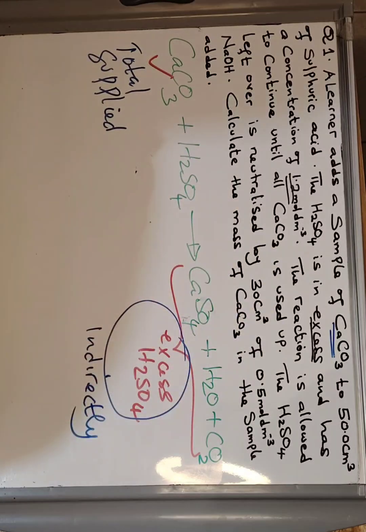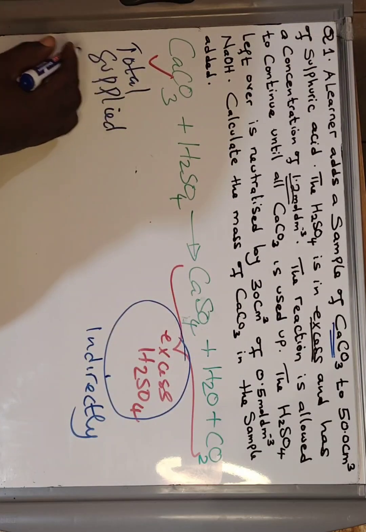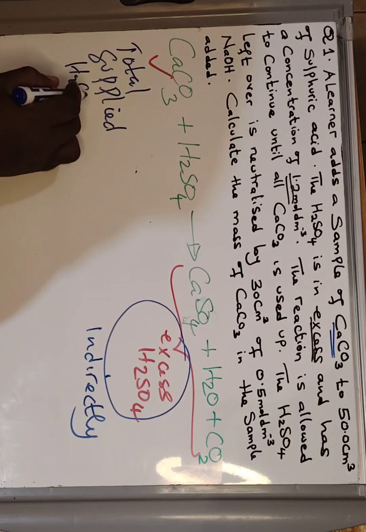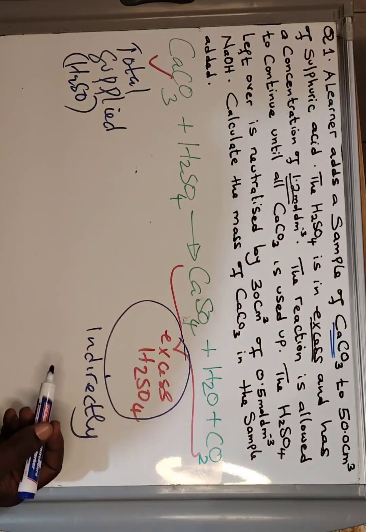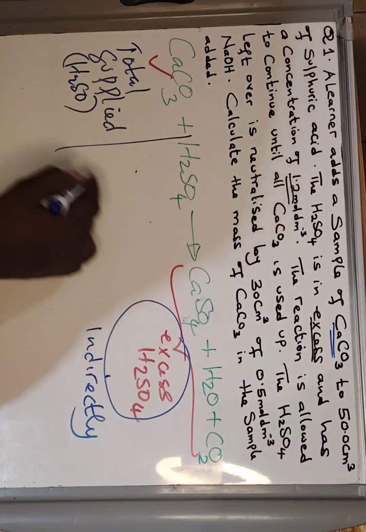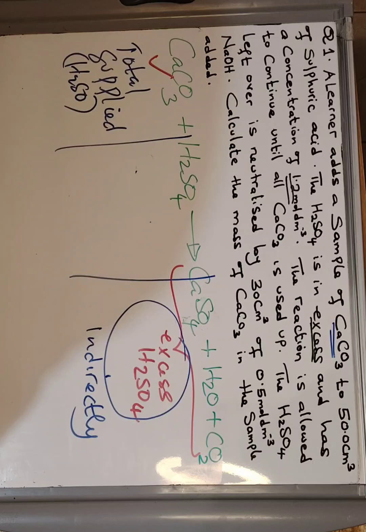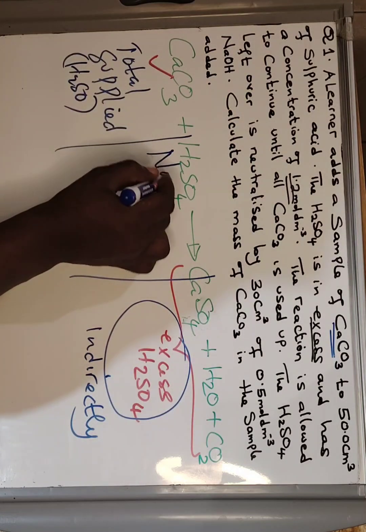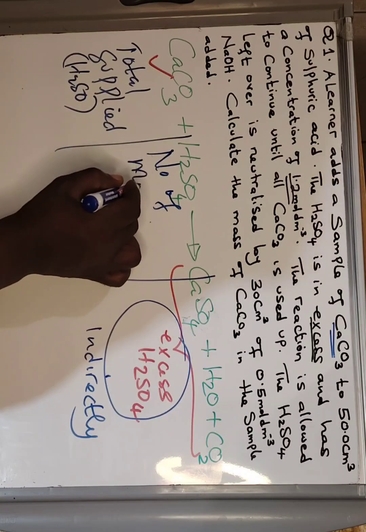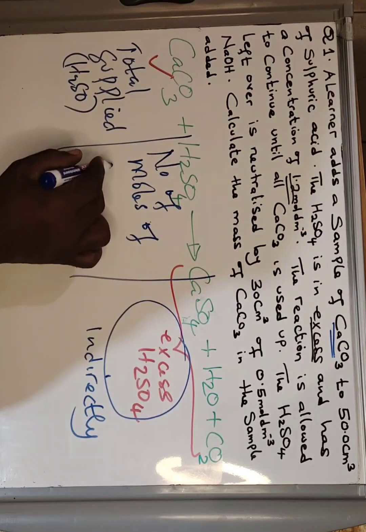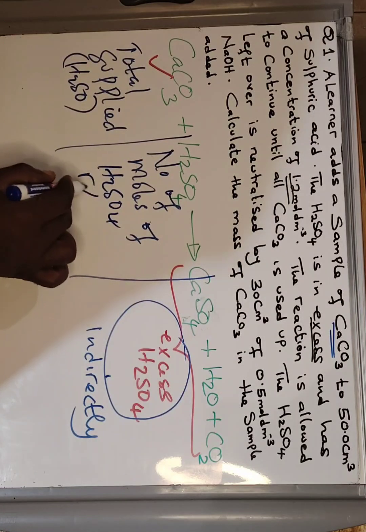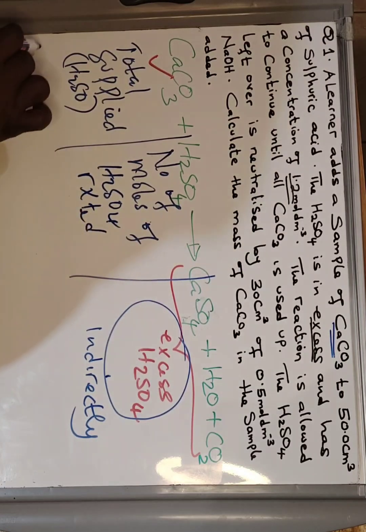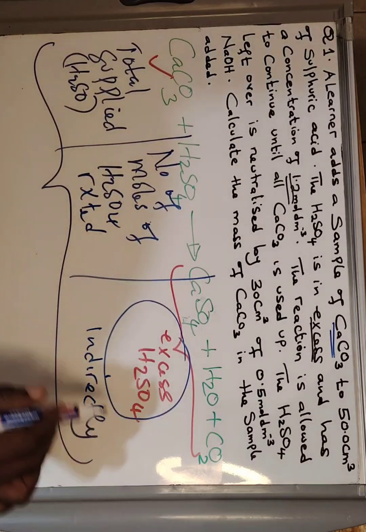So when you have the total number of moles of sulfuric acid supplied and the number of moles in excess, you can easily get the number of moles of sulfuric acid which reacted.